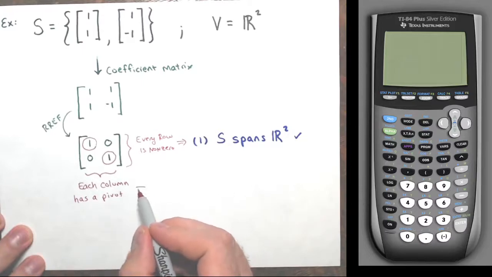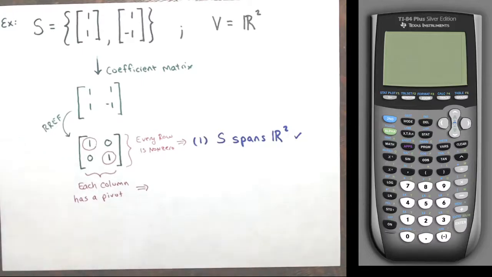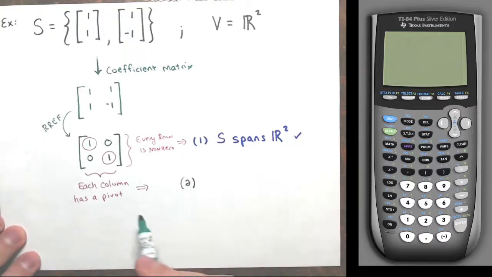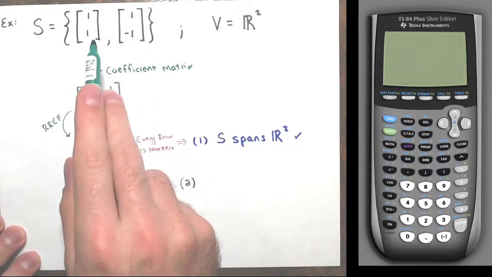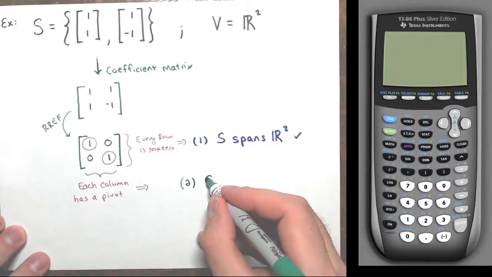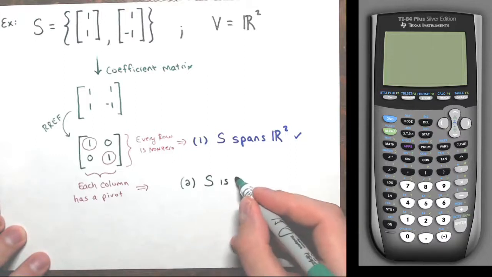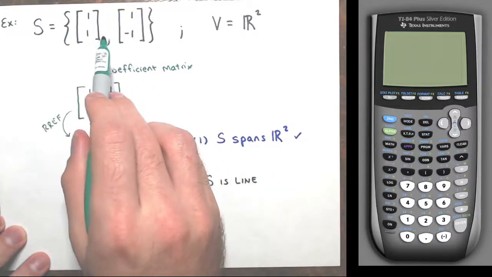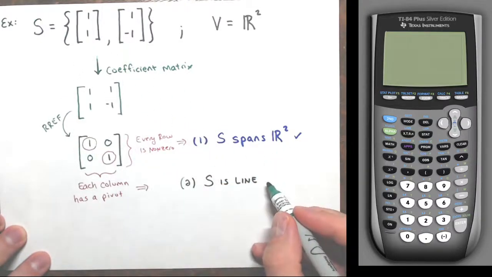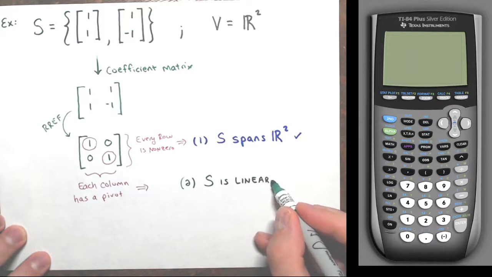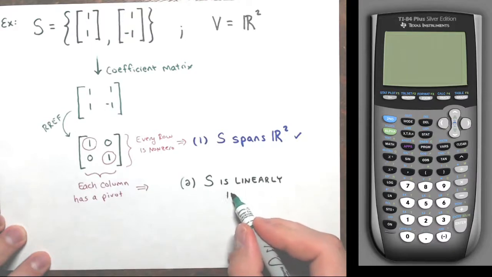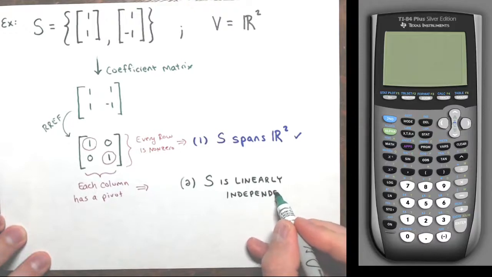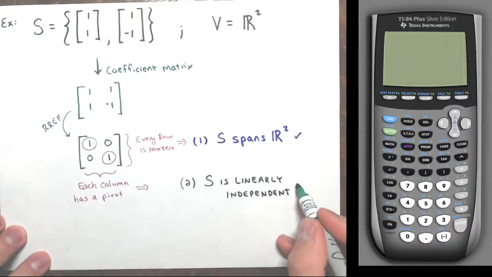So that tells me, number 2, the set of vectors in S are linearly independent. That means that one of these is not a scalar multiple of the other. Because there's only two vectors, that's all I need to check. Great.